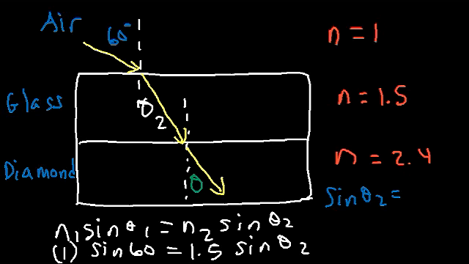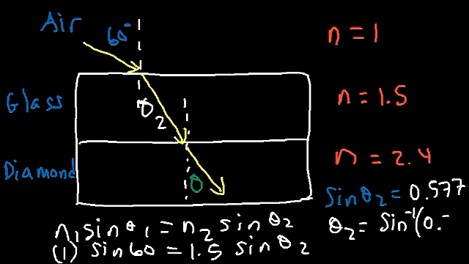If you type that in the calculator, you should get root 3 over 3, which is about 0.577. So theta 2 is the inverse sine of 0.577. So you should get 35.26 for the angle.